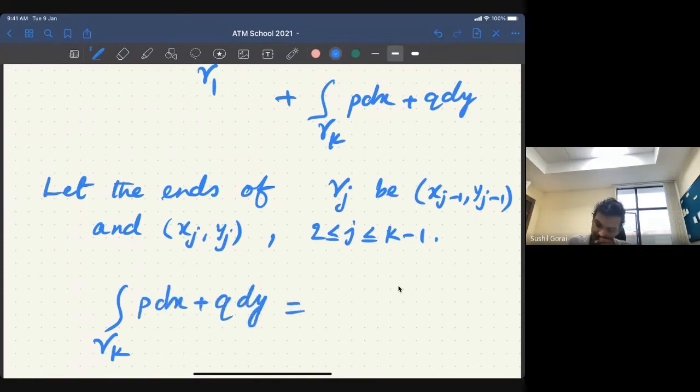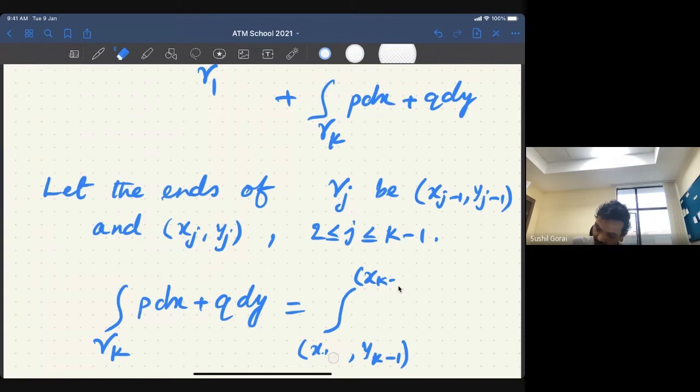Look at this one: this line would be vertical, so x will be the same as in gamma k minus 1. It goes from (x, y_{k-1}) to (x, y).